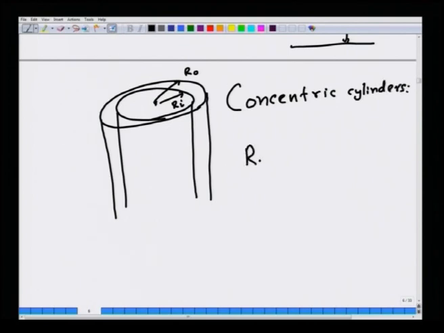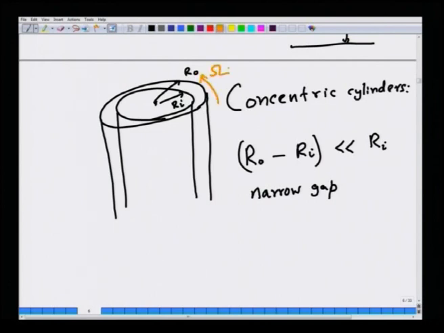If the gap between the inner and outer cylinder, r_o minus r_i, is very small compared to r_i, that is, the gap is too narrow, and let us assume that the outer cylinder is rotating with a constant angular velocity omega.